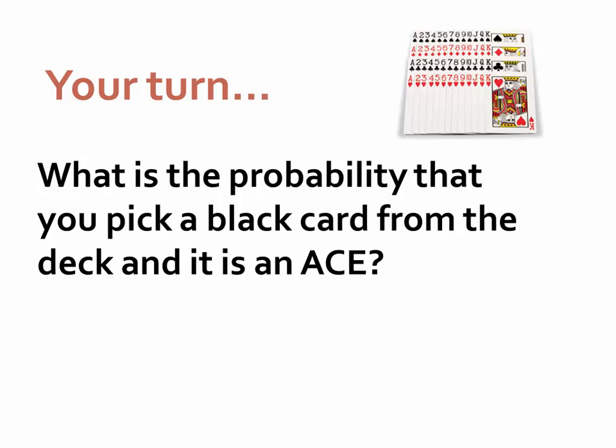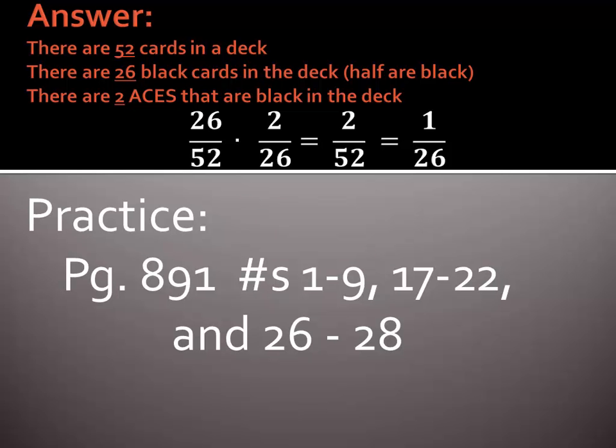I'm not going to come around and individually check. You can check yourself as I show you the slide. If you think logically, half the deck is black, half the deck is red. So that means there's 26 black out of the total 52.